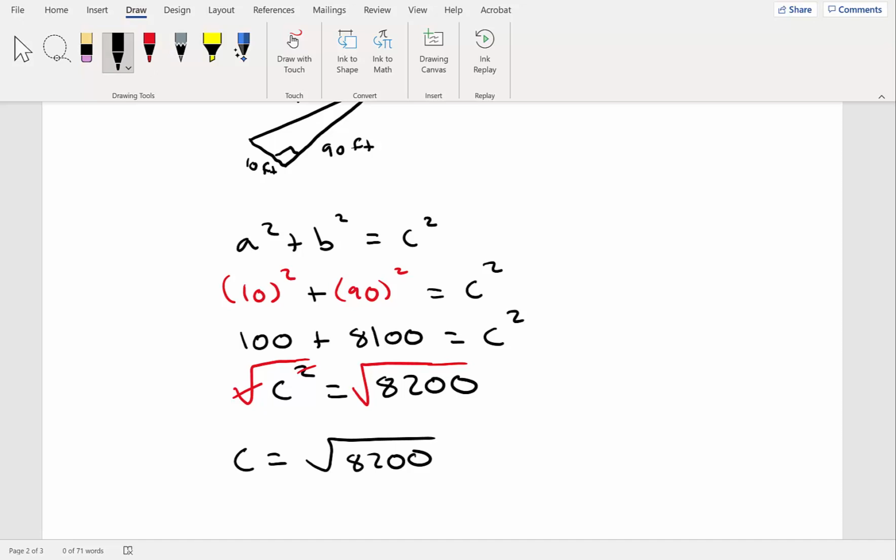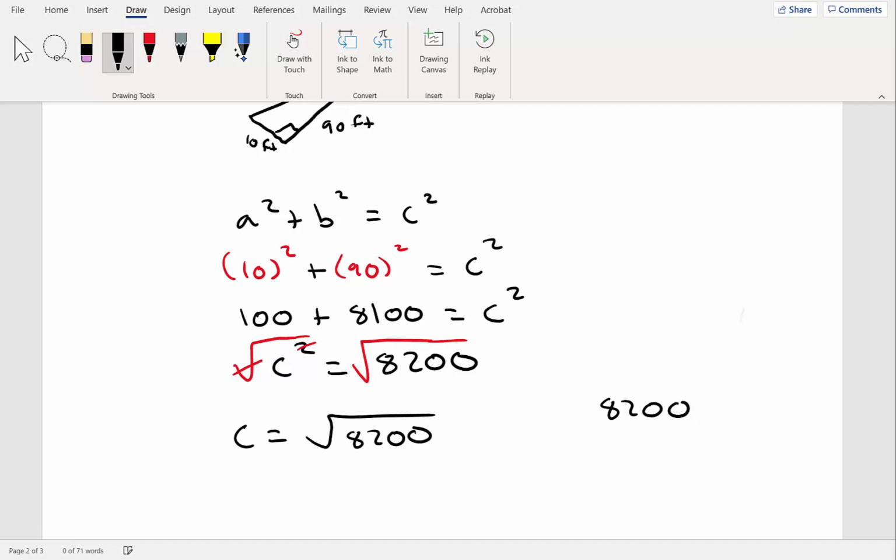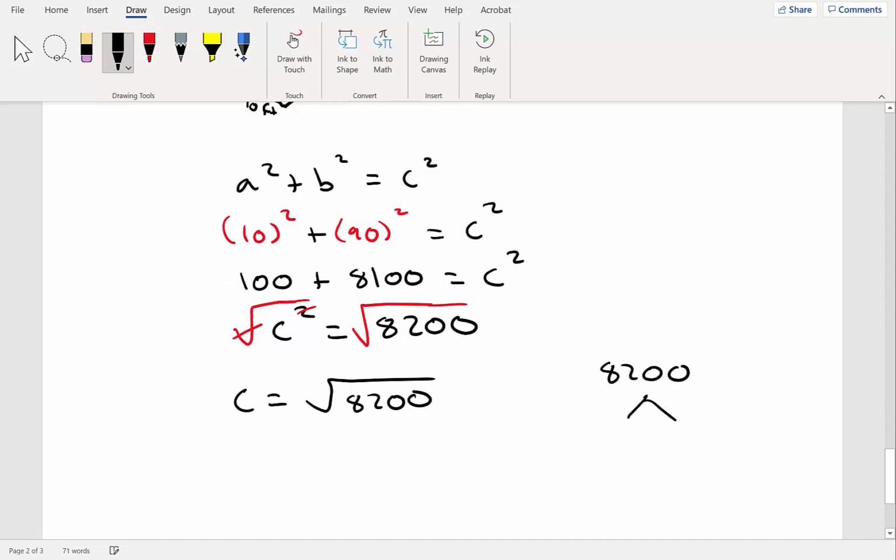Now I could still simplify this radical though. Okay, so let's see what we could take out of our square root symbol. Remember, we could use a factor tree and break it down. Well, first I could break it down with 82 and 100. 82, I could break down with 2 and 41. And this 100, I could break down with 10 and 10. Each one of those 10s I could break down further if I wanted, but since I already have two of the same number, I don't have to break it down any further than that.